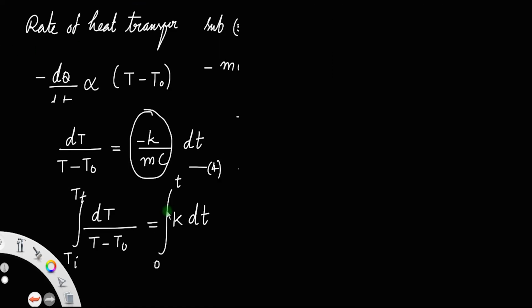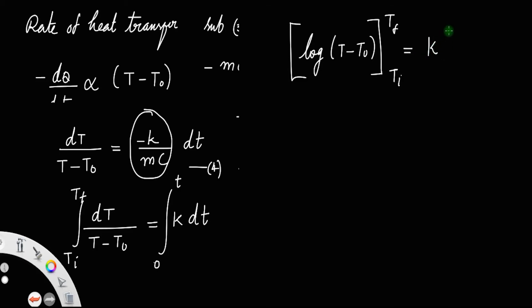We have the integral of 1 by x dx is equal to log x, or log of T minus T0. You have to put the upper and lower limits, that is Ti to Tf. Here you can take that constant outside, and the integral of dt equals t, from 0 to t. Now replace this T with Tf and Ti.